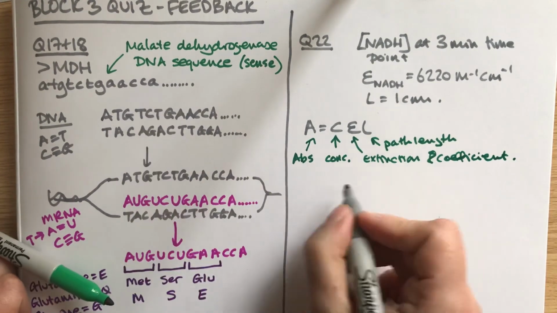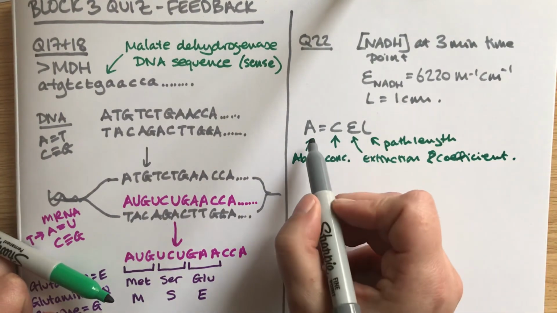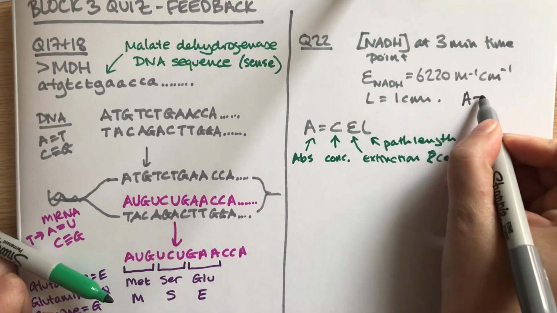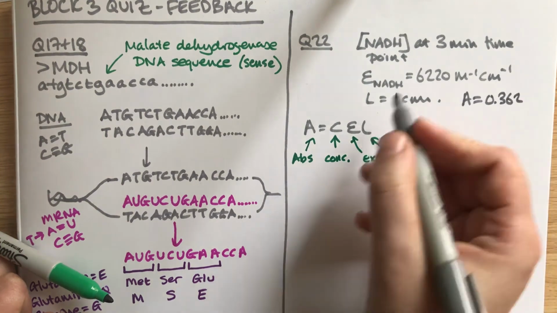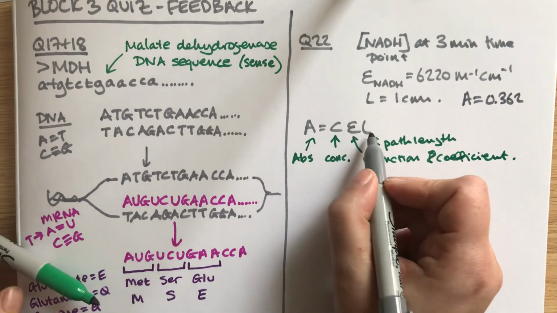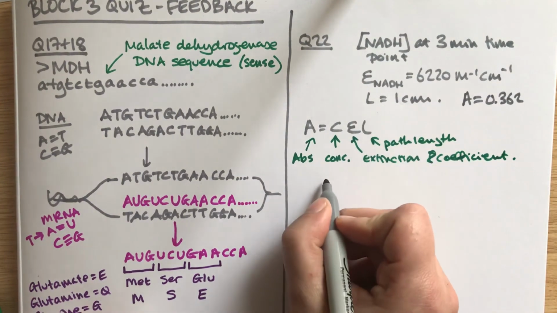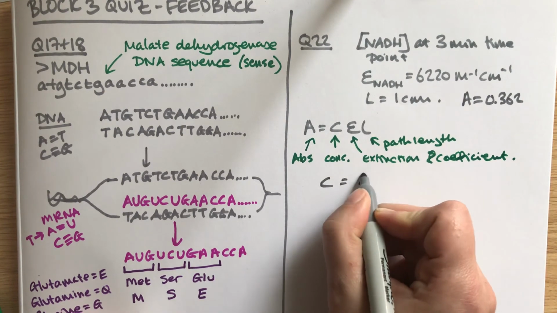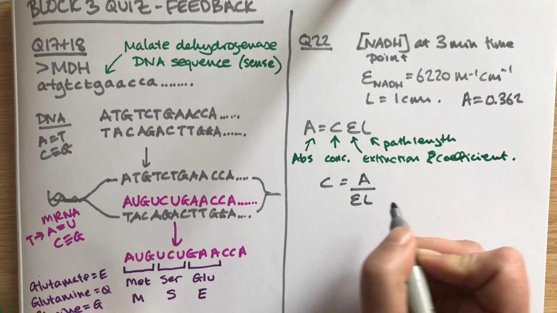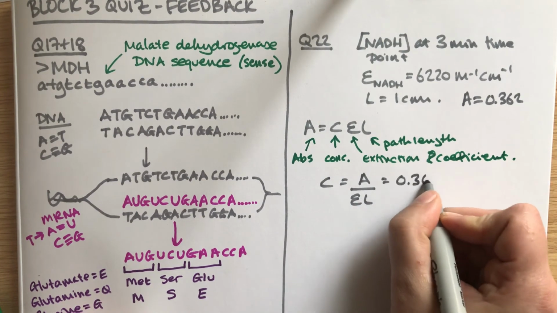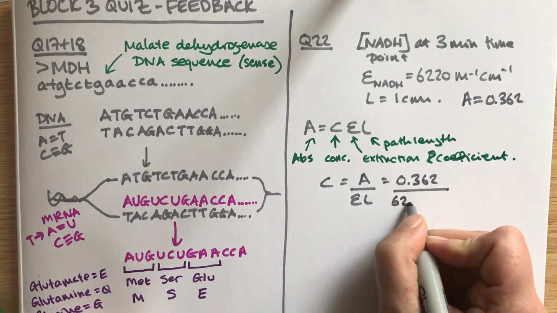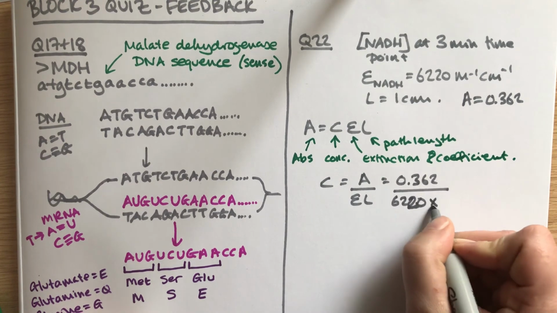So if A equals epsilon C L, we know the value of A that you were given in the question was 0.362. Now we know A, we know epsilon, we know L, so we're trying to find C. If we rearrange that, C equals A over epsilon L. Now we can substitute in the values: 0.362 divided by 6220 times 1.